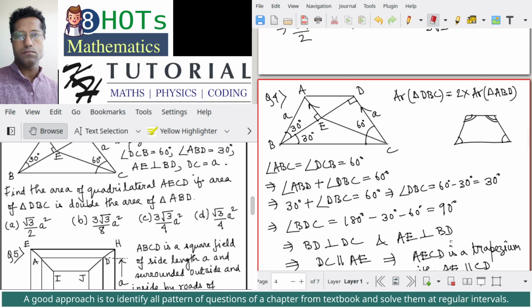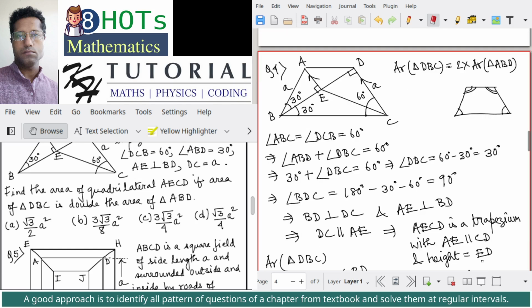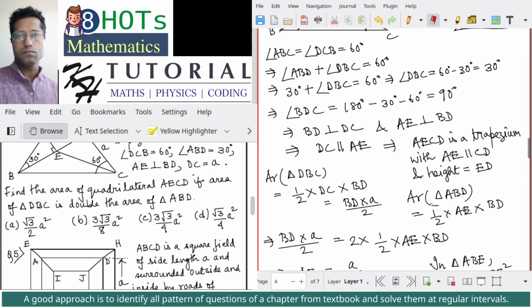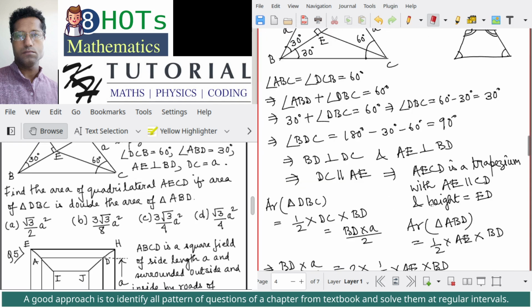What is the area of triangle ABD? Triangle ABD is half AE into BD. AE is a by 2. BD we don't know.